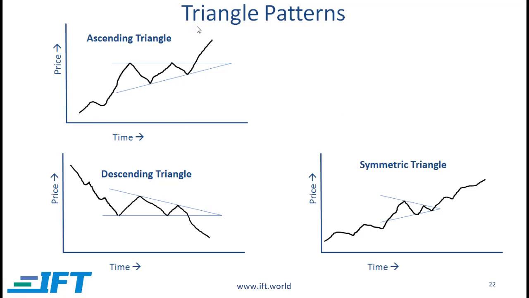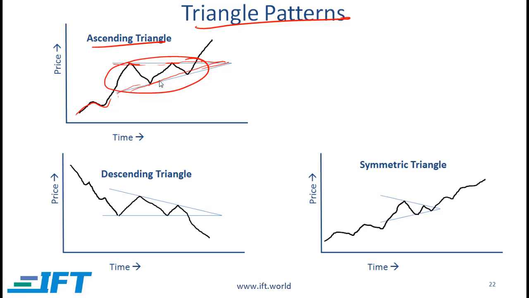Here are the various triangle patterns. Notice that these are continuation patterns. We have an uptrend, and then with the ascending triangle, you have a shape like this, a horizontal top line and an angled bottom line, which create the triangle. The tops are the same.